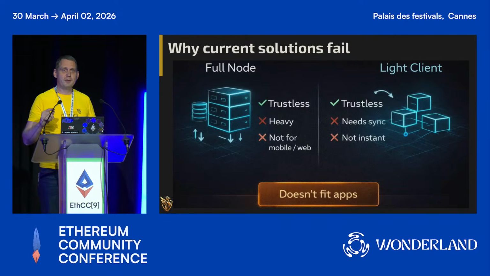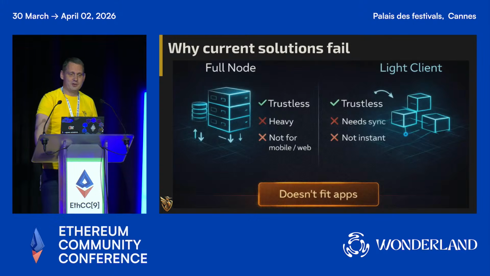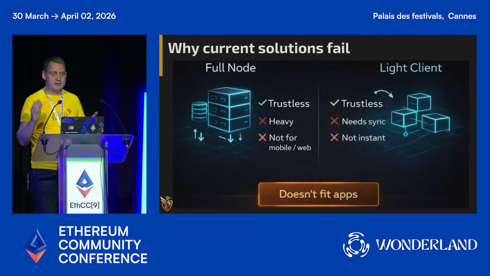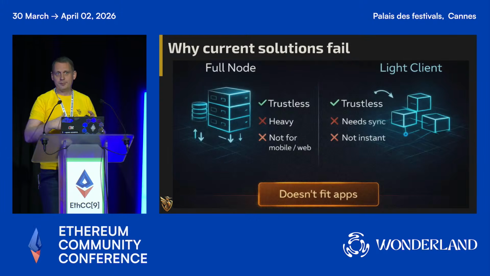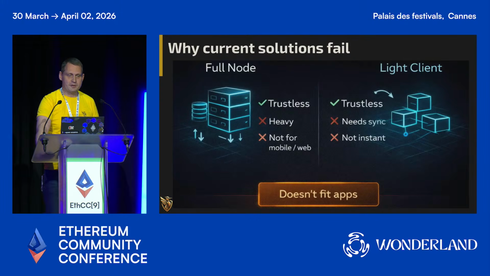Now, of those who run the full node, do all of the applications that you use actually rely on the data of your node? Probably not. So even though the full node is the gold standard, your apps still run on the data they receive, probably from some kind of centralized service.